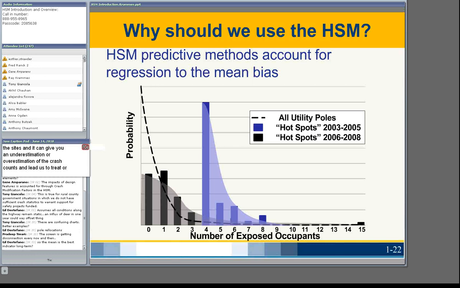CR is a calibration factor that can be used to calibrate our expected frequency of crashes to local conditions.